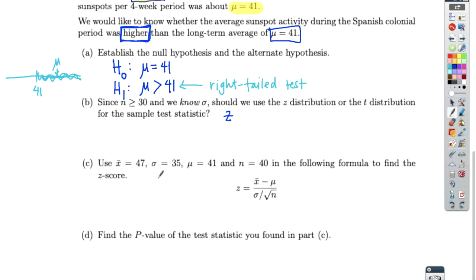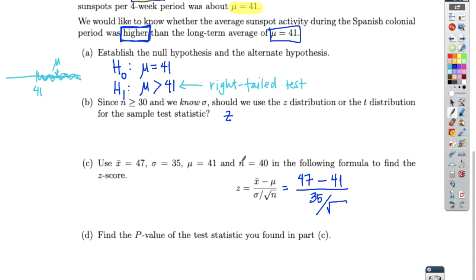And so now we're going to convert the sample mean, 47, to a z-score. So basically using this formula, we're going to plug in all these numbers. So x bar is 47 minus mu, the original population mean, that's 41, over sigma, well, sigma is 35, over the square root of n, the sample size.